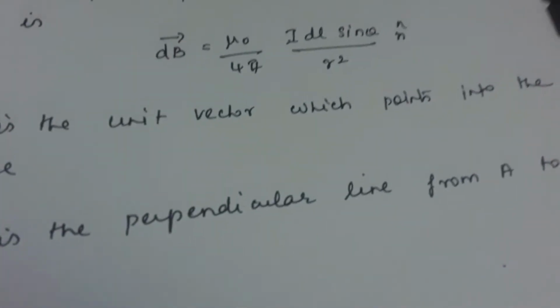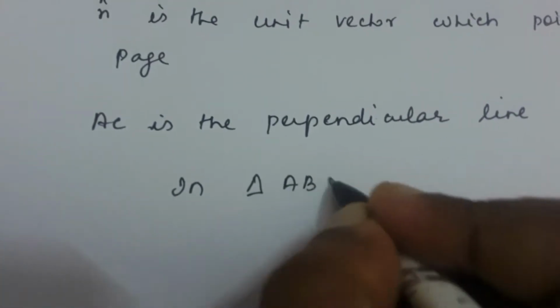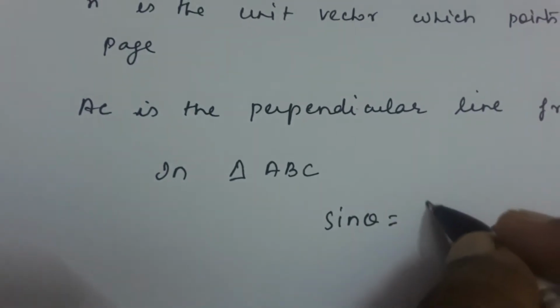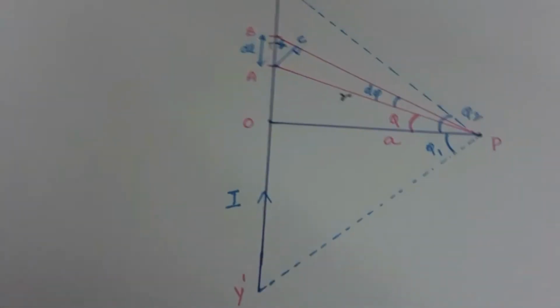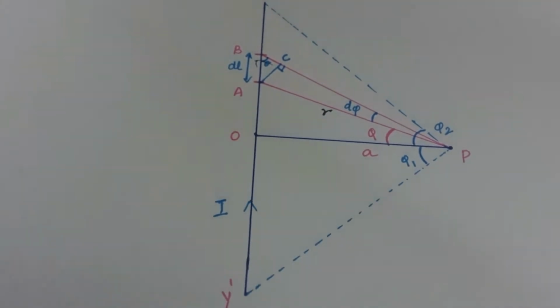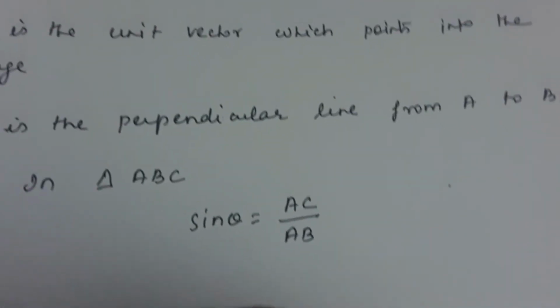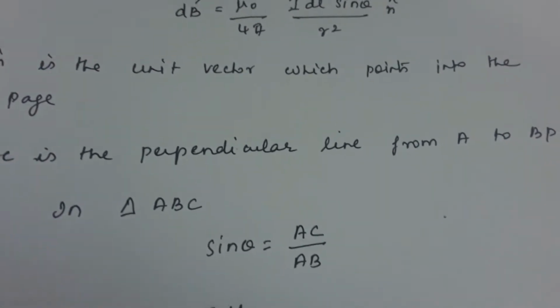So in triangle ABC, sin theta is equal to AC by AB. Now what is AB? AB is dl.